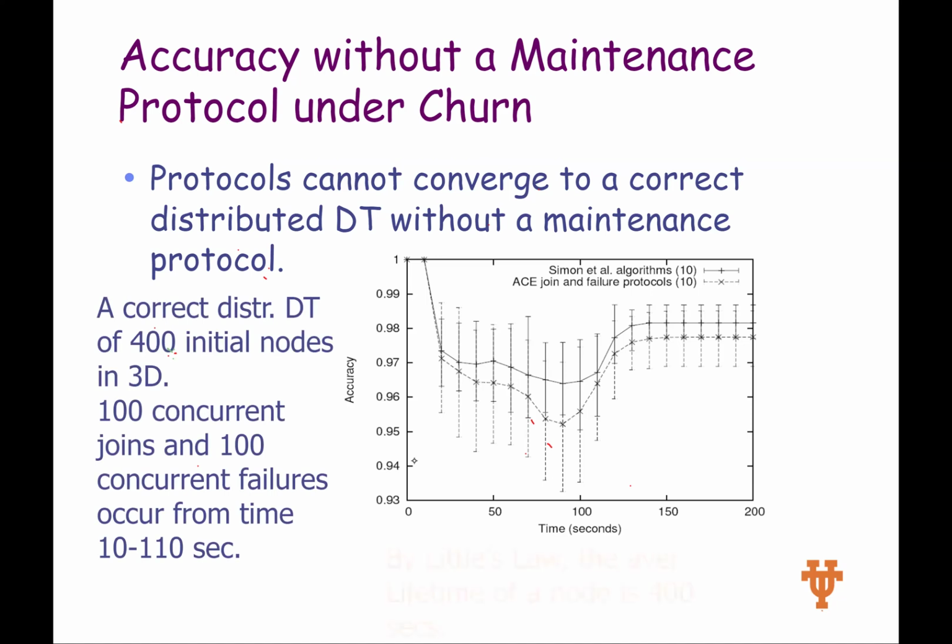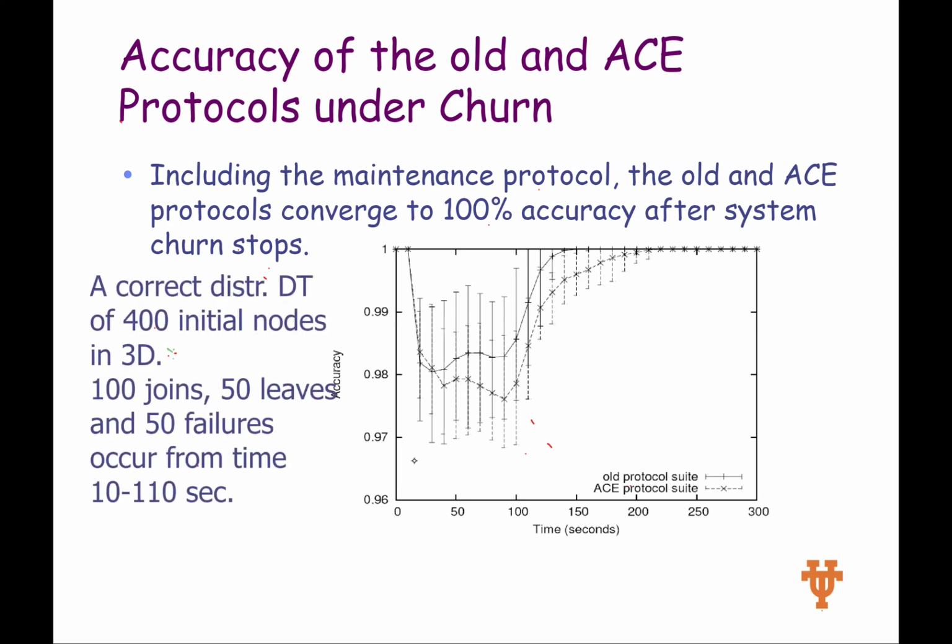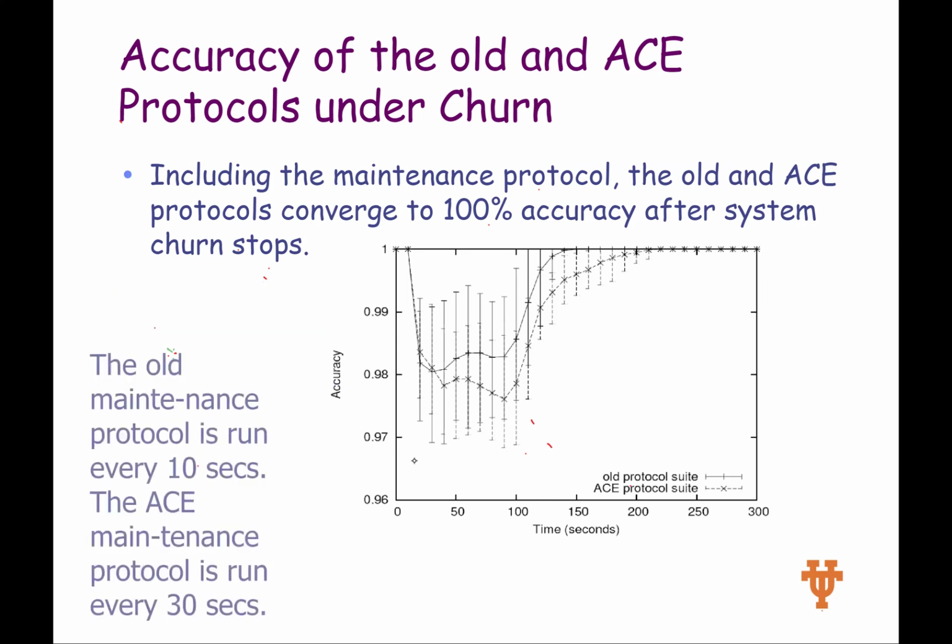But with the maintenance protocol, the ACE protocol, which is the proposed one, it will quickly converge to 100% accuracy. 100% means no local minima for routing, right?